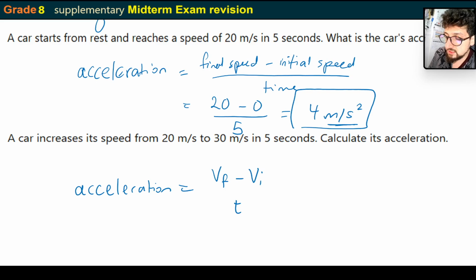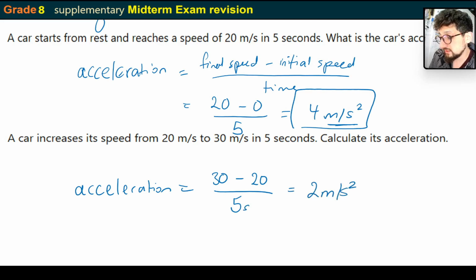It's exactly the same, but you don't have to write it like this. You can even write final speed minus initial speed over time. It doesn't matter as long as you know that it's the final speed minus the initial speed over time. So it's going to be 30, the final speed, minus the initial speed, which is 20, over 5 seconds. That's 10 over 5, or 2 meters per second squared.